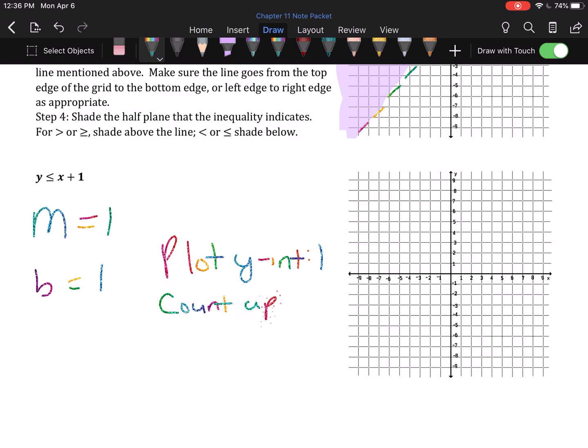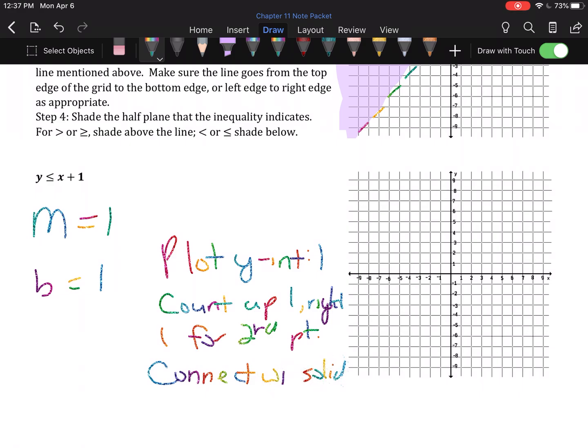Count up 1, right 1 for second point. Connect with a solid line. A solid line here because the inequality has the or equal to. And shade below. Below because this is less than or equal to.